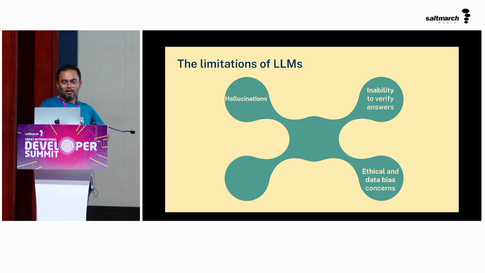And then LLMs inadvertently follow the biasness within their trained data. That means it can generate the responses that could be unfair or discriminative or even unethical in some cases.